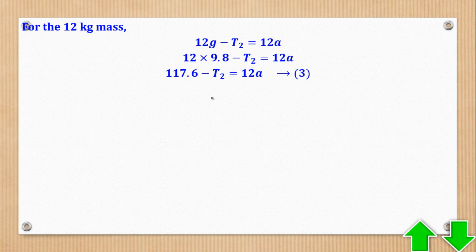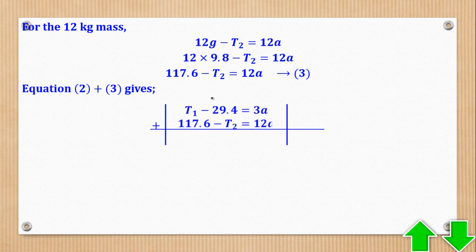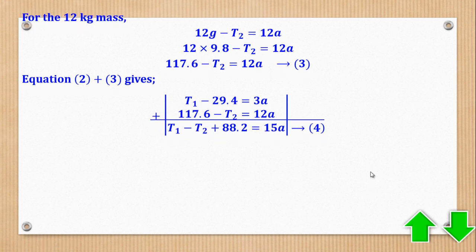So we have 3 equations, 3 unknowns. The unknowns are T1, T2, and A. And we need to get all of them. So adding equation 2 and 3, we shall be able to eliminate. Have we eliminated anything? No, we have not eliminated, but we have got T1 minus T2, which can be used with equation 1.